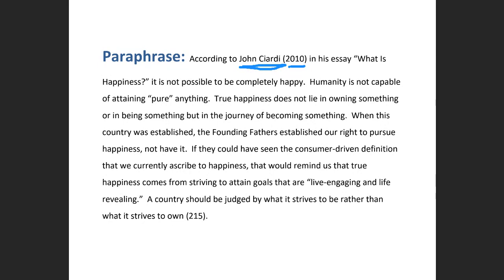It's not enough just to copy something and change a word or two. By the way, in Microsoft Word, if you right-click on a word, it usually can give you a thesaurus with some synonyms. But you've got to change it up more than that. You've got to move away from the original a bit more than that. Yeah, very good question. Does that answer it for you?